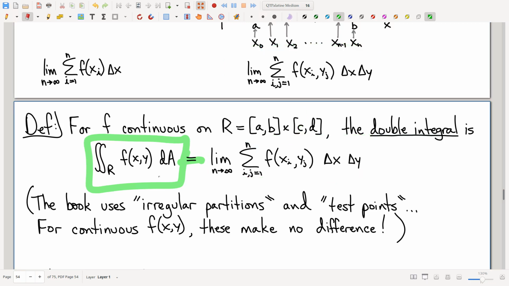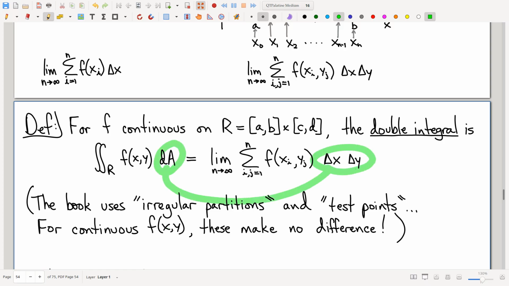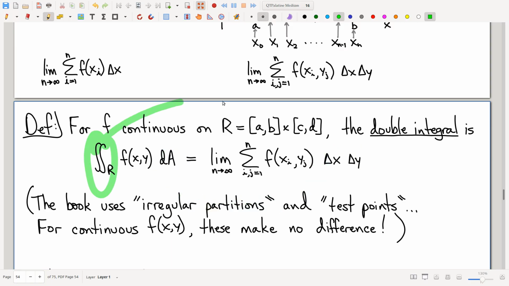Okay. I think the notation's pretty natural, right? That's what the delta x, delta y was. It's representing little pieces of area that eventually we're taking limits of, and we're adding up in two different directions, right? So thus, I'm going to use two integral symbols.